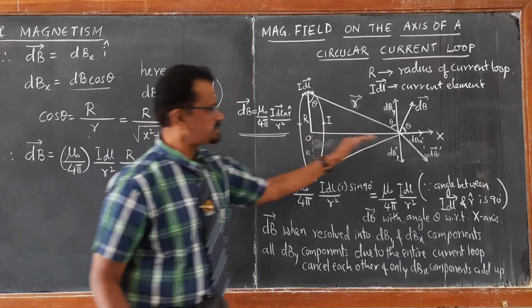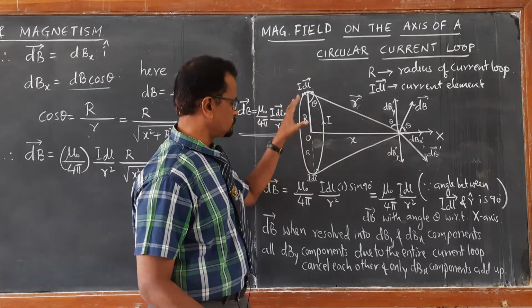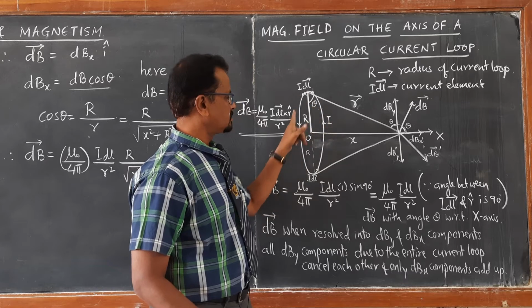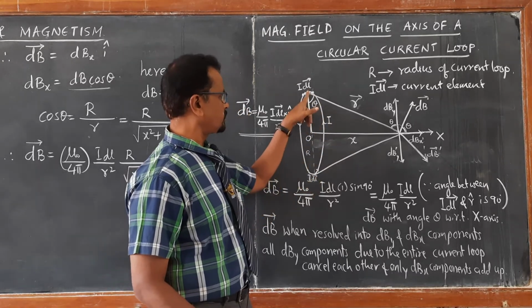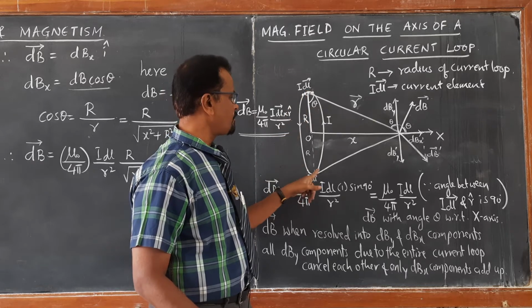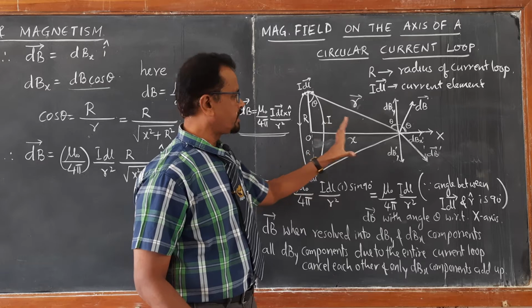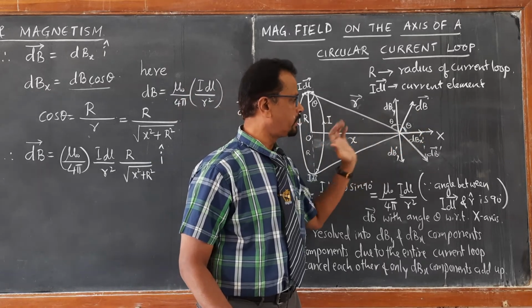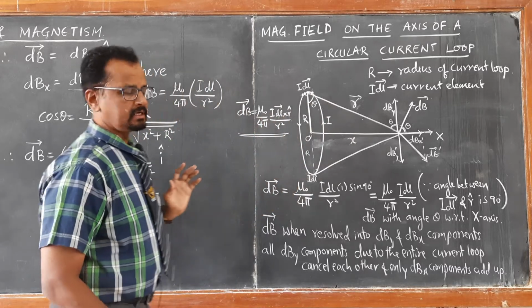I cap means, as I have said, all the contributions of magnetic fields due to such current elements, when you sum up throughout the ring, going for one complete cycle and coming back to the same point, the magnetic field is found only along the x axis, as I have proved. The y components get cancelled by each other.